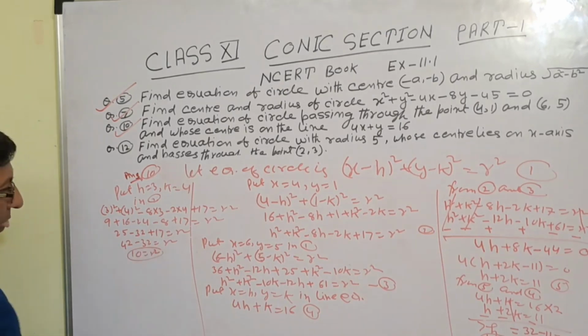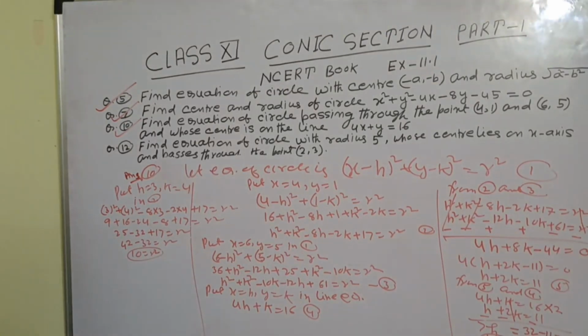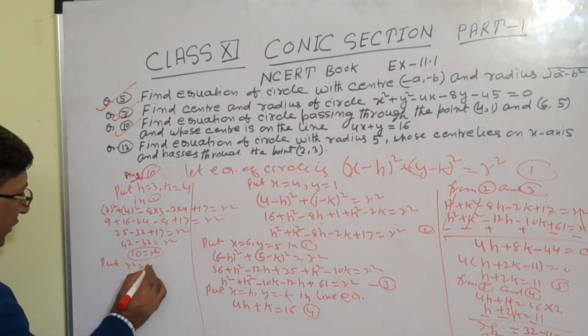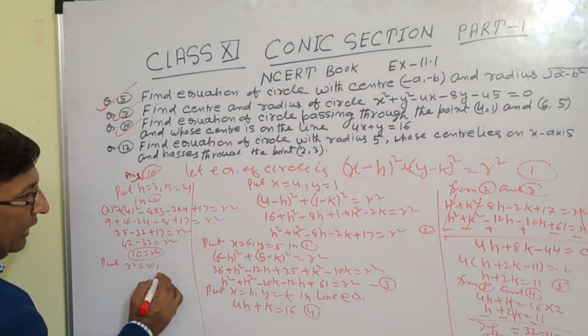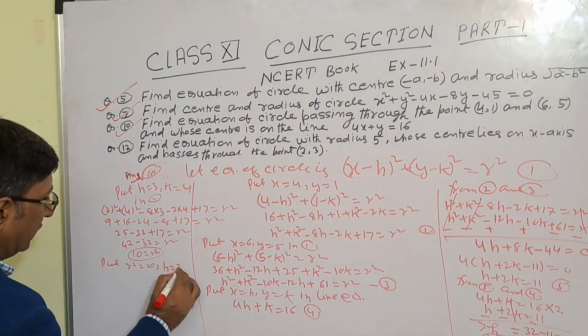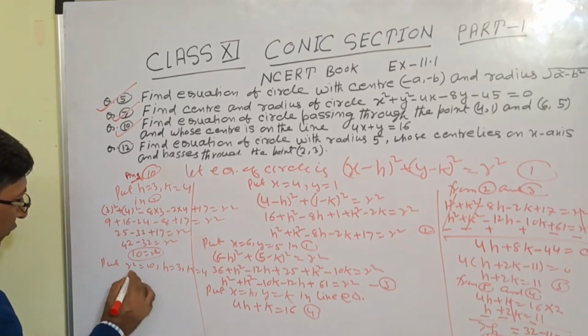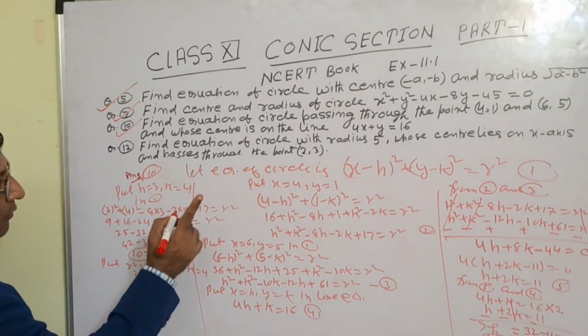So now we have h, k and r square all. Now you put r square equal to 10 and h equal to 3 and k equal to 4 in equation number 1.